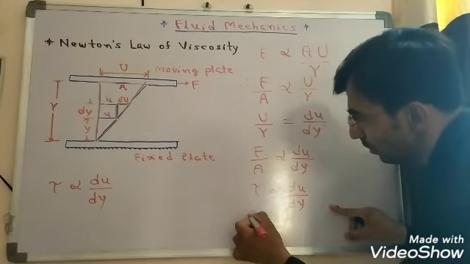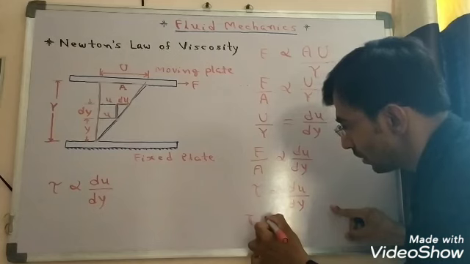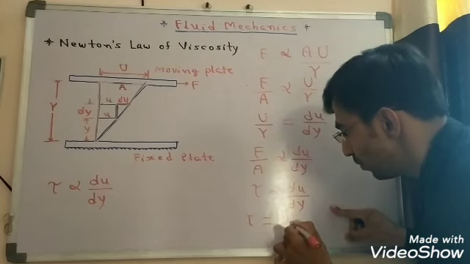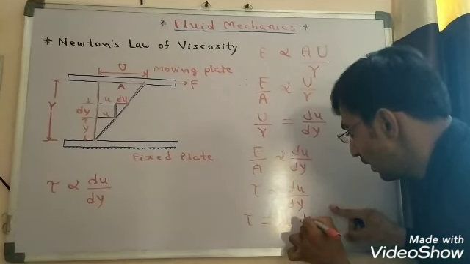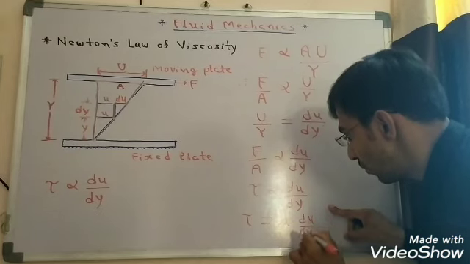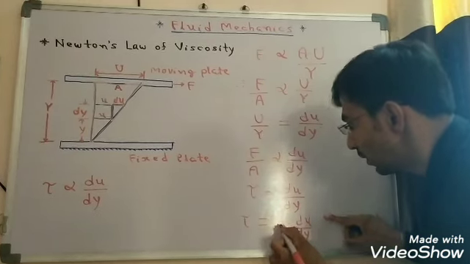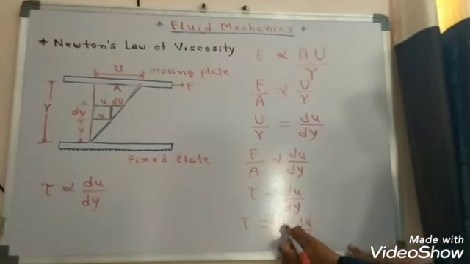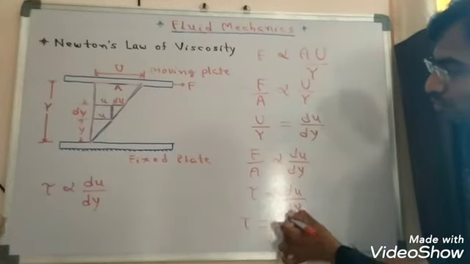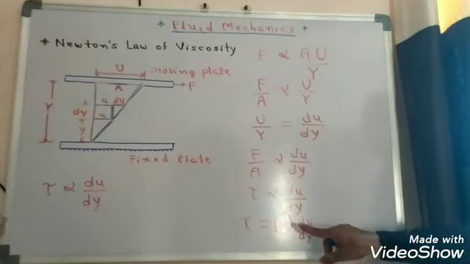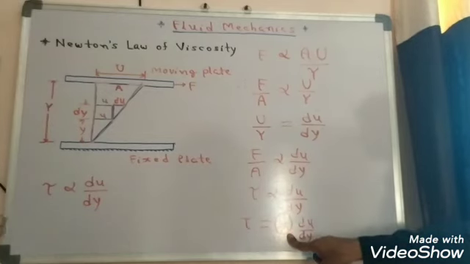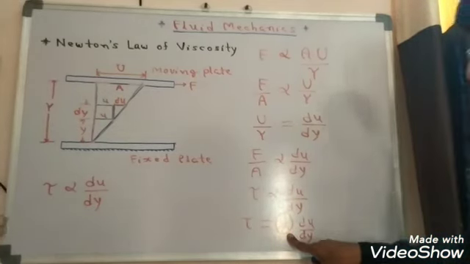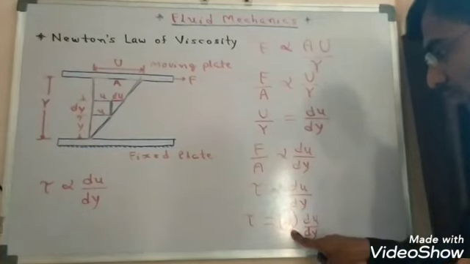From this equation, tau is equal to mu into du by dy. We take the proportionality factor mu, also called the coefficient of viscosity.